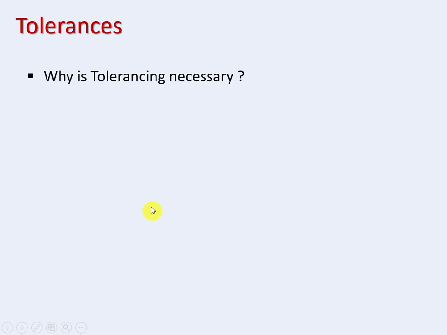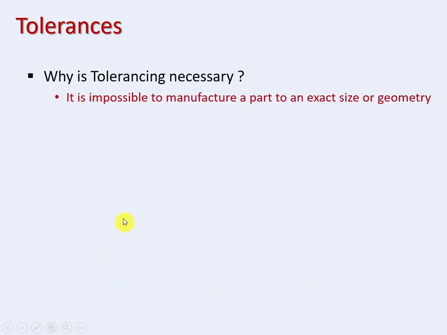Why is tolerance necessary? It's impossible to manufacture a part to an exact size or geometry. As I told you, when you want to manufacture or make a shaft with length 10 centimeter, no one can give you exactly 10 centimeter.